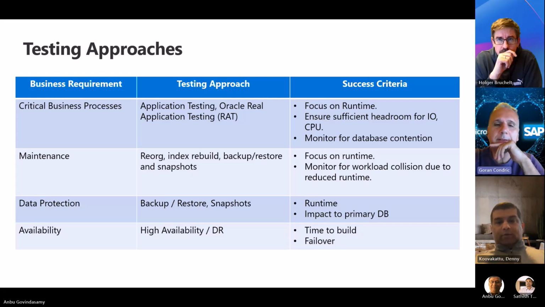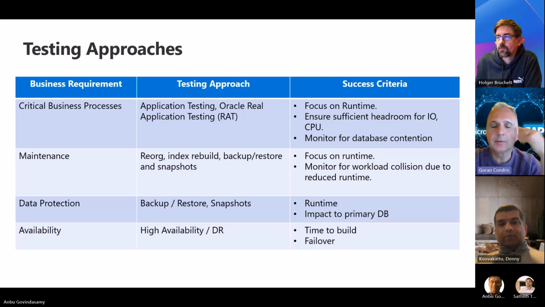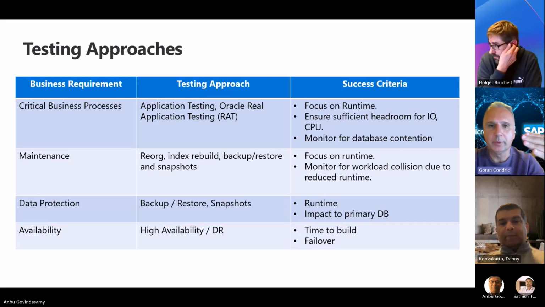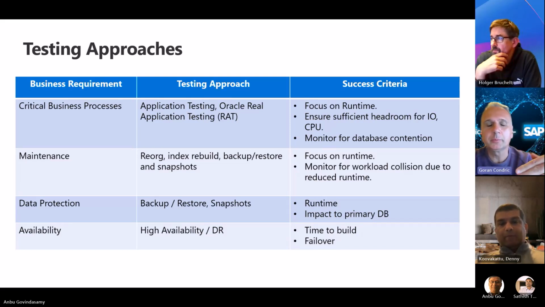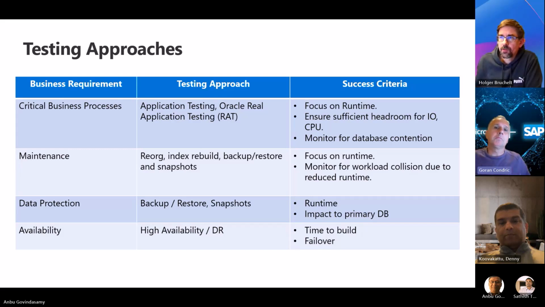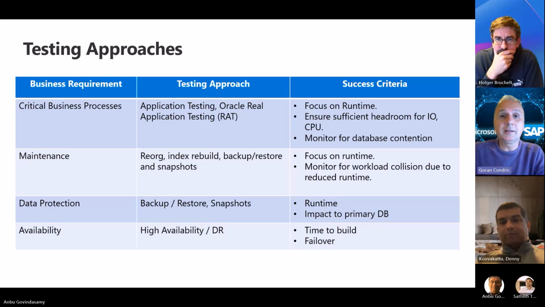I believe, Denny, what you're presenting is also about thinking not just about making sure that applications, users and batch jobs are performant, but also the things happening in the background from time to time: backup, reorg, index. All of these might influence the live productive system, which is still being used by the users.